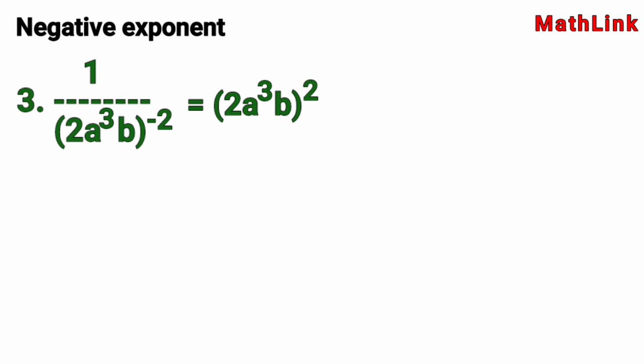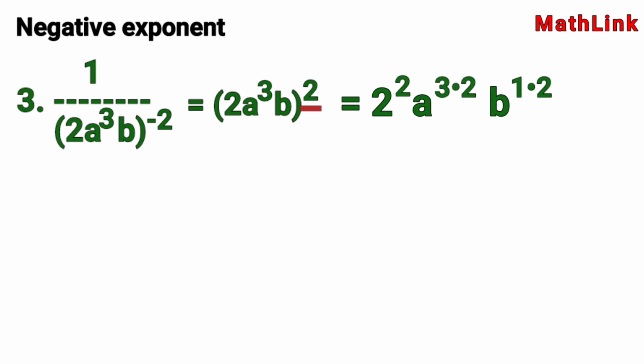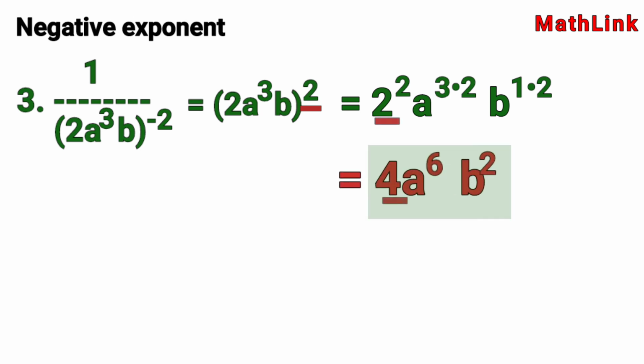We distribute the exponent 2 to each factor inside the parenthesis, is equal to 2 raised to 2, a raised to 3 times 2, b raised to 1 times 2. 2 raised to 2 is equal to 4, a raised to 3 times 2 is equal to 6, b raised to 1 times 2 is equal to 2. The final answer is 4a raised to 6 b squared.